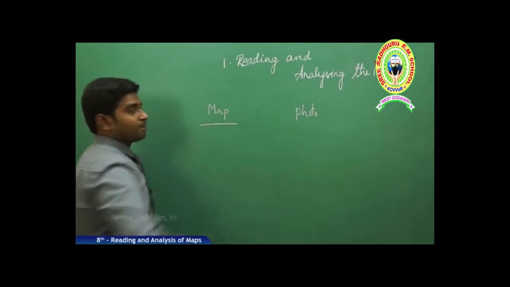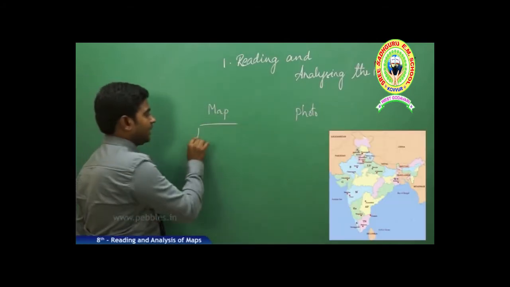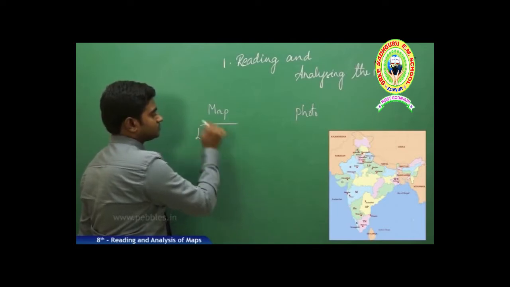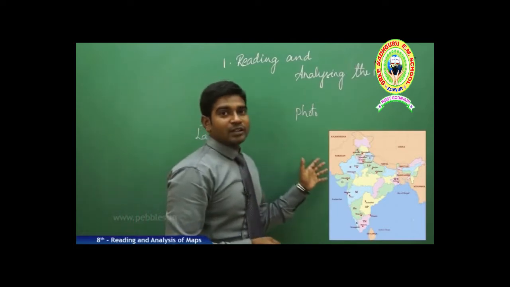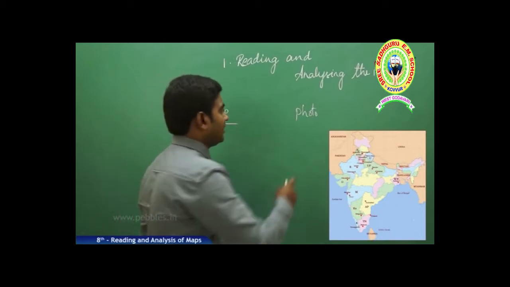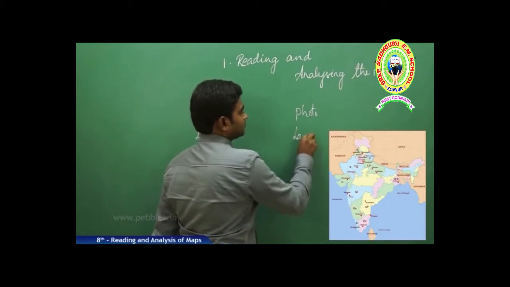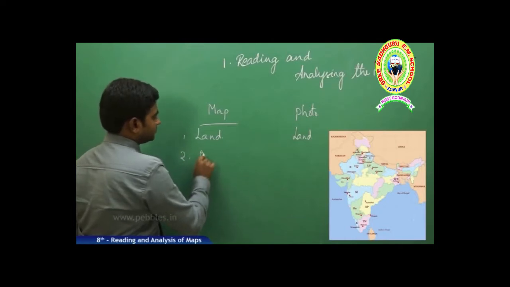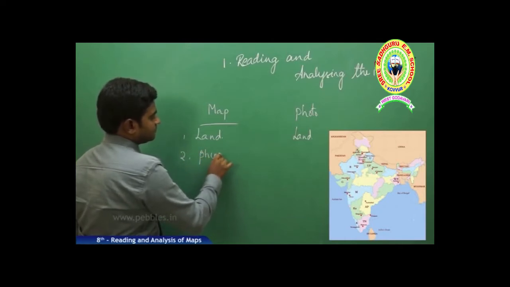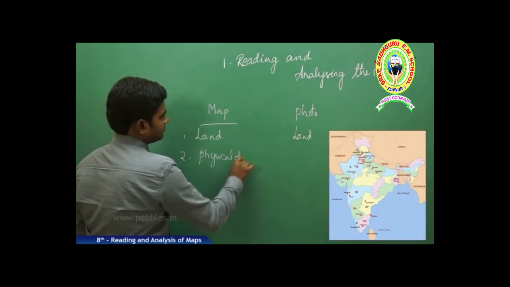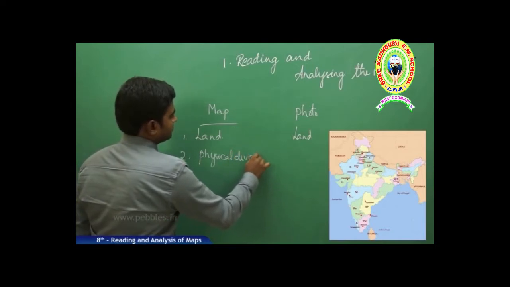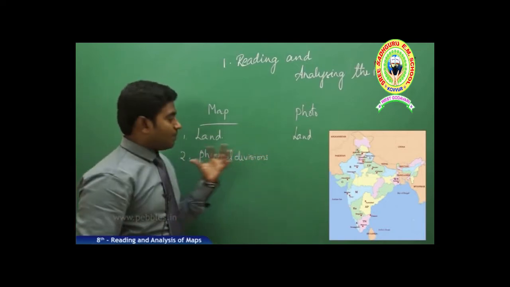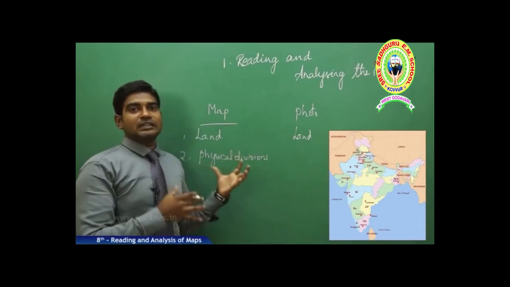See, for a map, you can get a clear picture of the land. In a photo also you get a clear picture of that particular land. The next point: the map gives us a clear picture of the physical divisions.